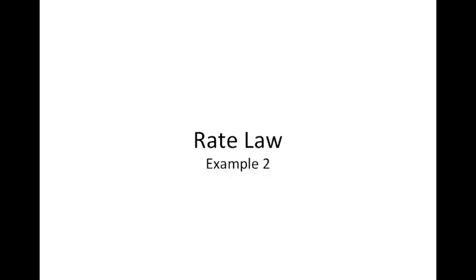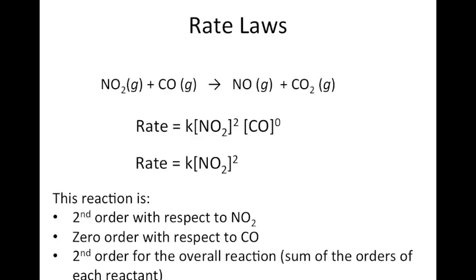Okay, so let's look at another sample rate law and try to understand what it tells us. For this rate law, we're writing a rate law for the reaction shown here, where we have NO2 plus carbon monoxide yields 1 mole of nitrogen monoxide and 1 mole of carbon dioxide.